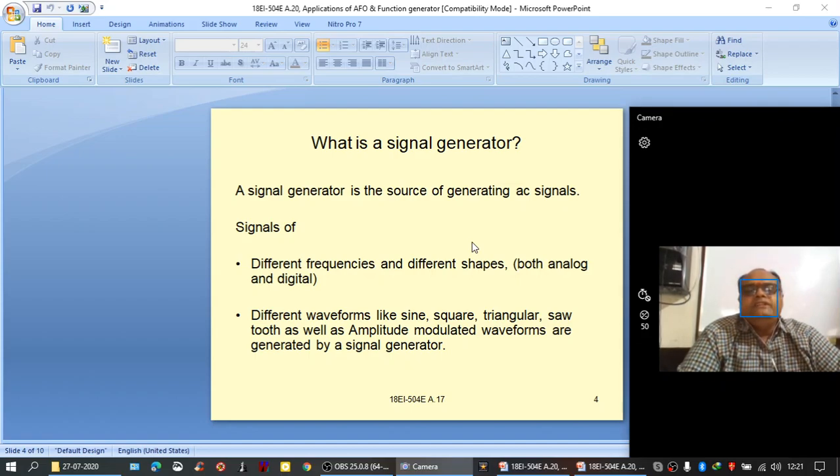And the various shapes of signals that can be produced using a signal generator are sinusoidal signal, sawtooth signal, triangular wave signal, and ramp signal. And in addition to that, amplitude modulated waveforms also can be generated by the signal generator.